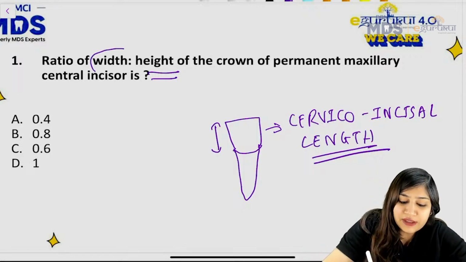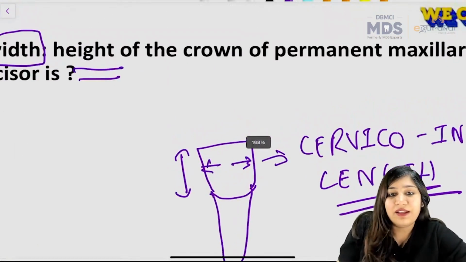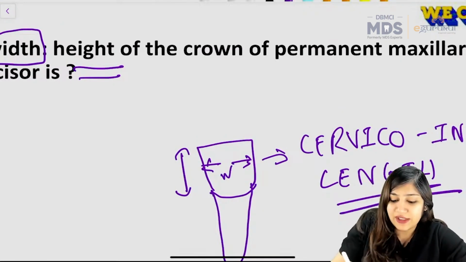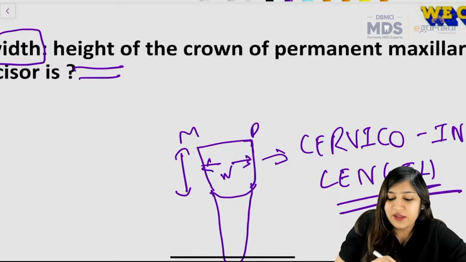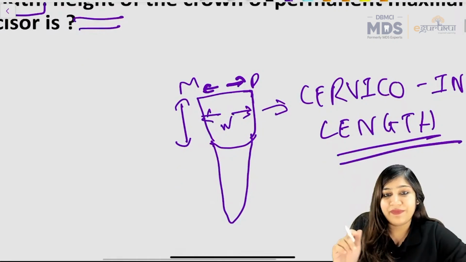And coming to the width, width is what? This portion, right? This is width. Width means mesiodistal dimension, mesial and distal surface. So width is basically the mesiodistal dimension.